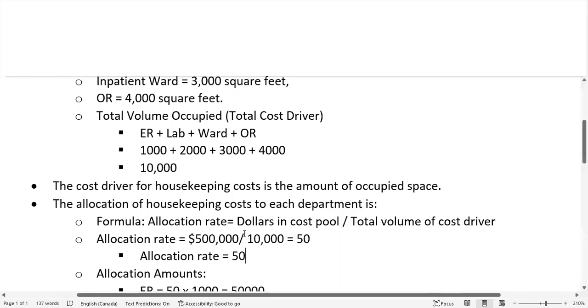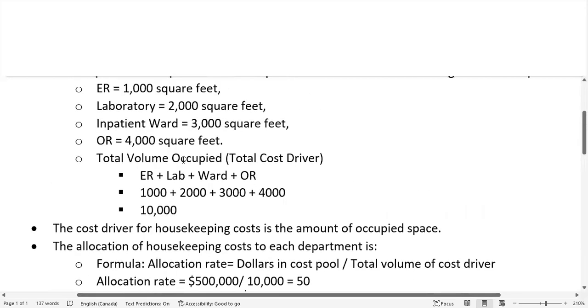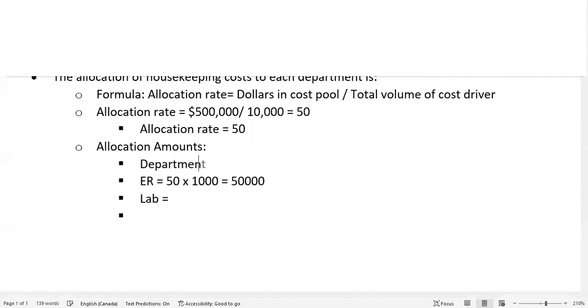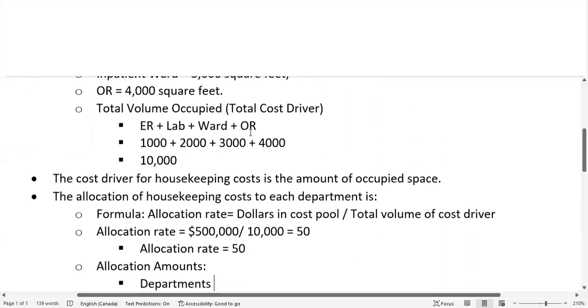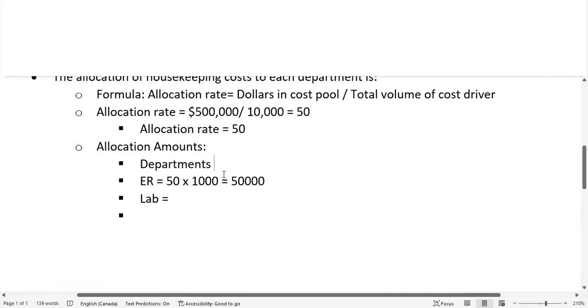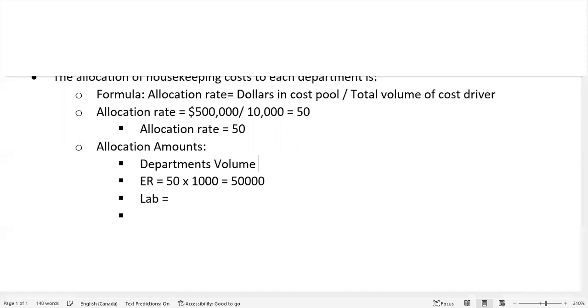So now we want to calculate how much is the allocation amount for each department. So all we need to do now is to calculate the department's volume occupied, right?